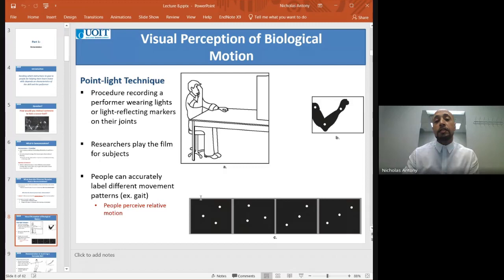So here we have an example of this whole visual perception of biological motion. We can see here a study where they had to show someone a particular motor skill. What they found was that if they demonstrated by using the full body versus just using, see these points?